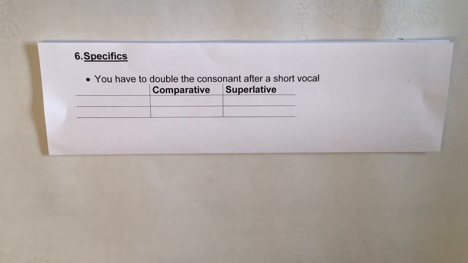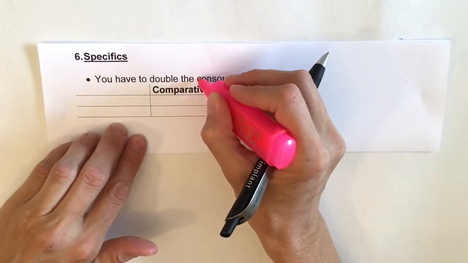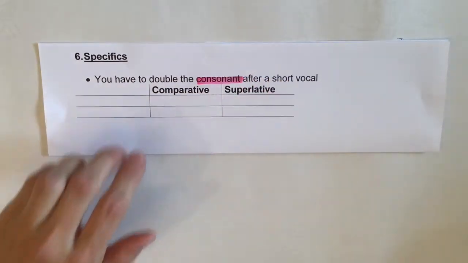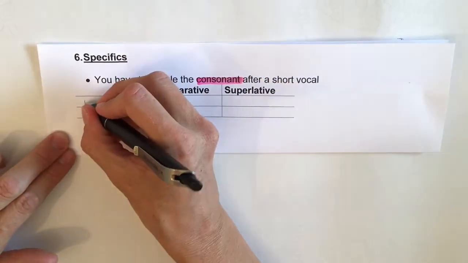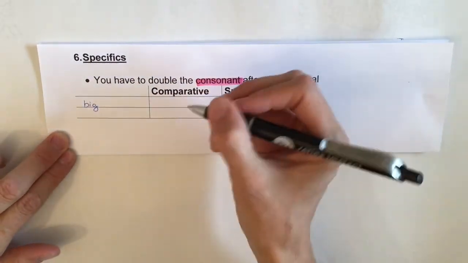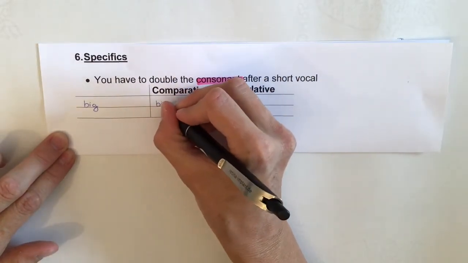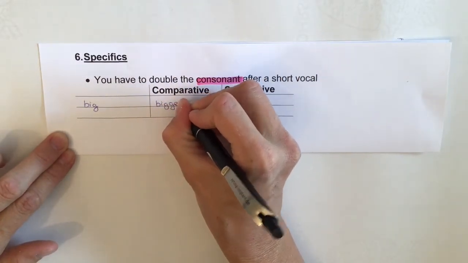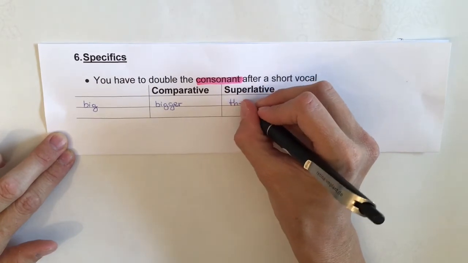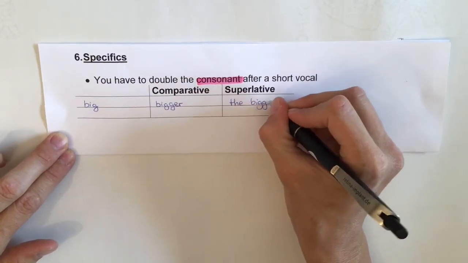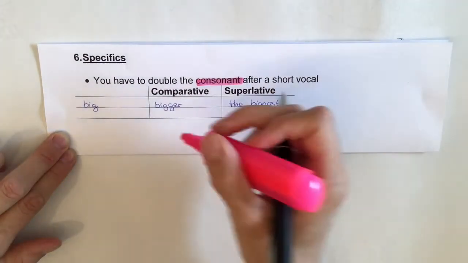Our last point are some specifics. First of all, you have to double the consonant after a short vowel. For example, you say big, bigger, the biggest.